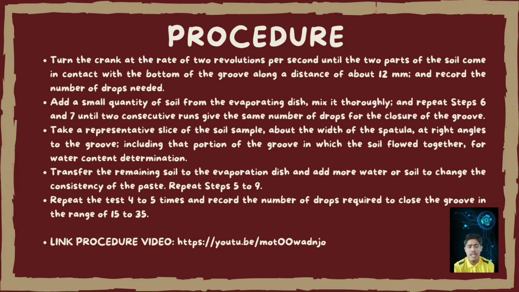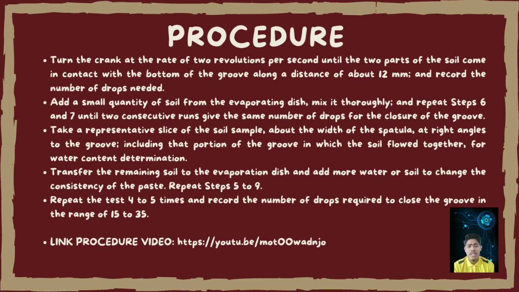Take a representative sample of the soil about the width of the spatula at right angle to the groove. Transfer the remaining soil to the evaporation dish and add more water or soil to change the consistency of the paste. Repeat step 5 until step 9.